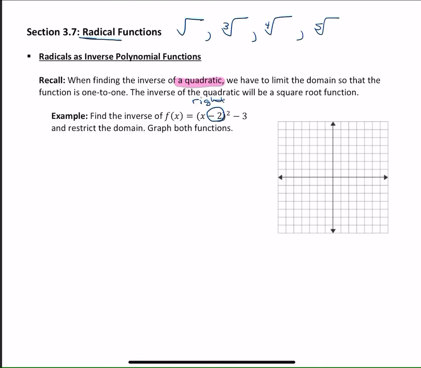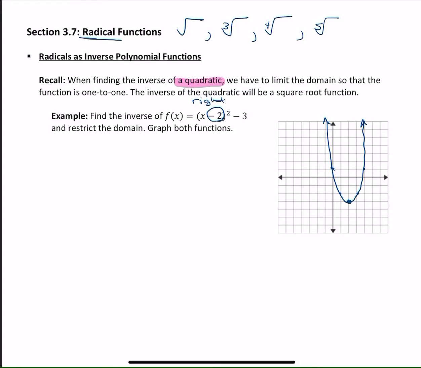Remember, it does the opposite of what you think. So our vertex is going to be right here, and it's not stretched any, so it's just going to be the same width as your parent function. So it'll look about like this sketch right here. That's our f of x.